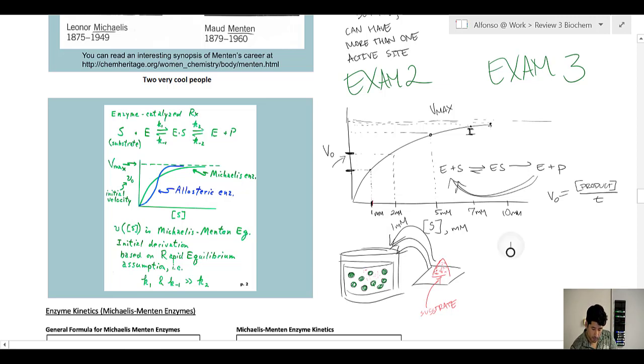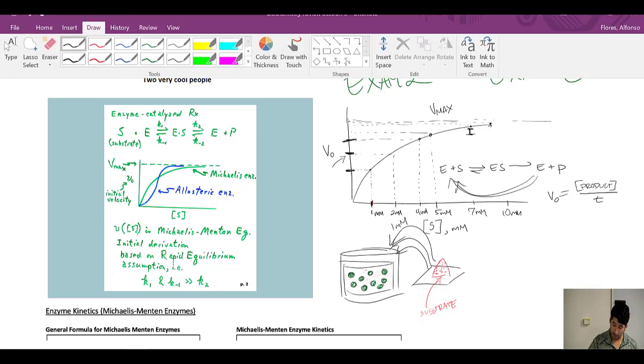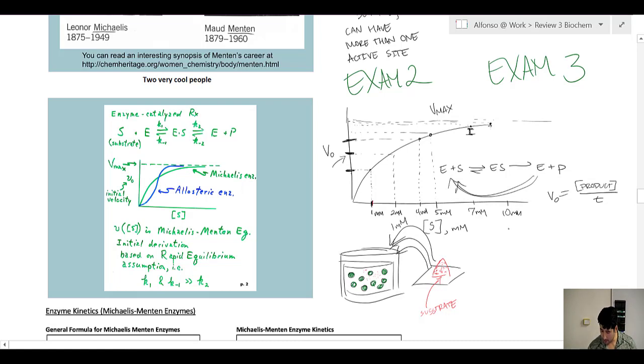And what's going to happen when we put, let's say, 4 millimolar? The velocity is again going to increase. And now it's that velocity. And so what's happening is we're putting in more substrate, and the enzymes are reacting with the substrate and forming more and more product.